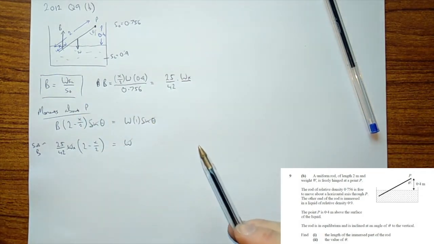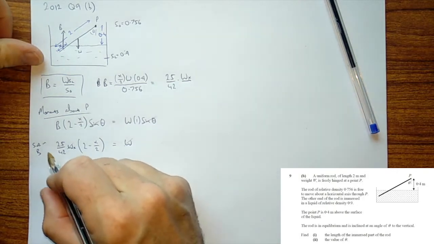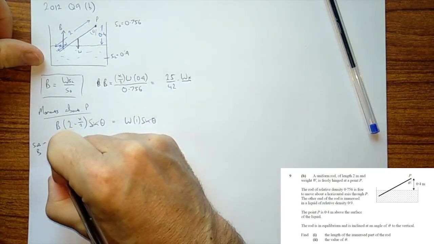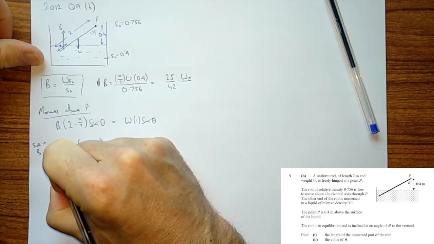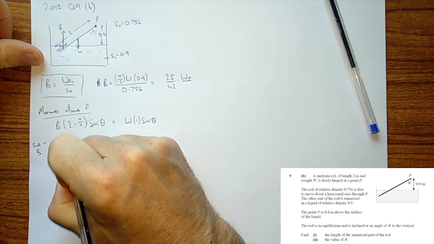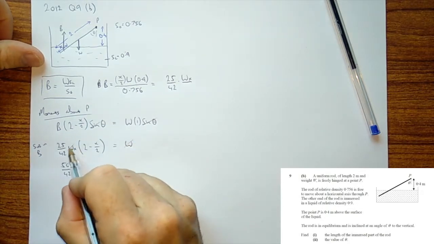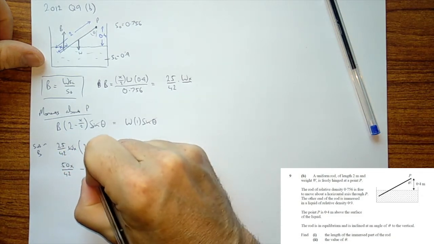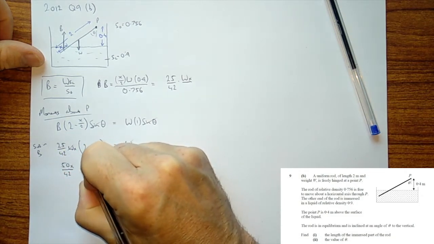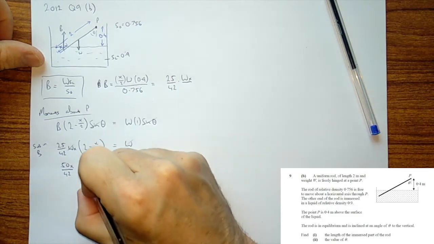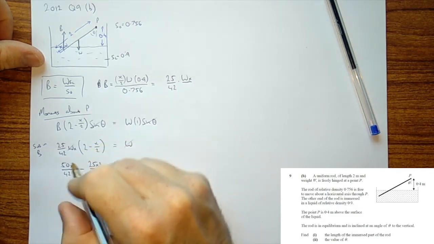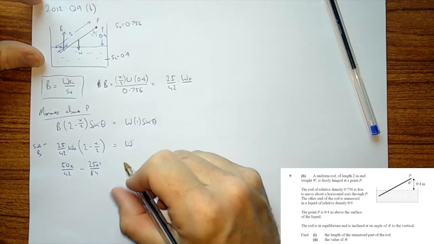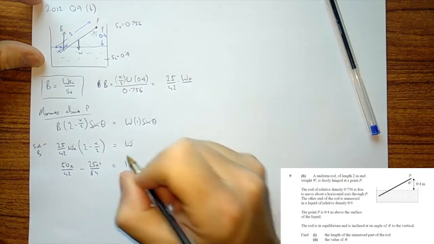All right, let's see what we can figure out here. So I get 50x over 42, that's these two, minus 25x squared over 84. All right, and that equals 1.